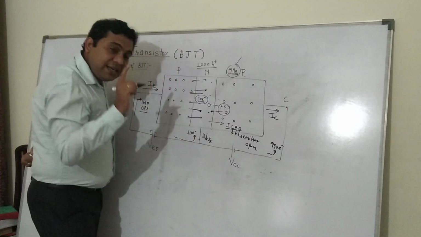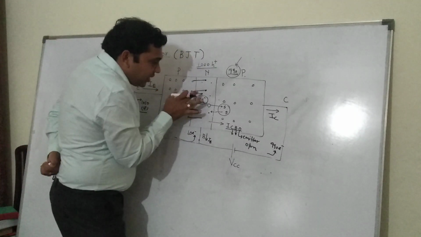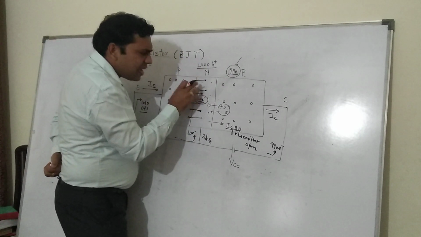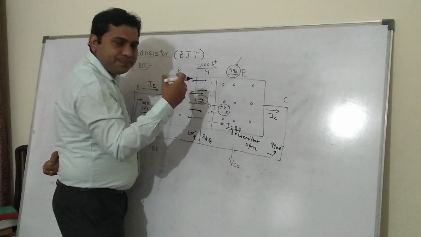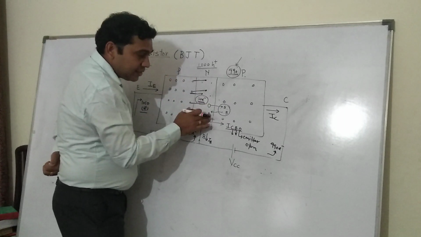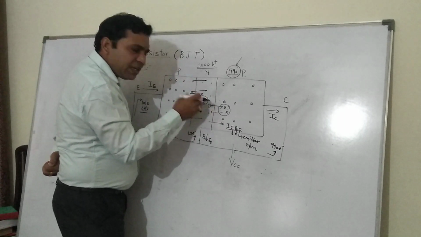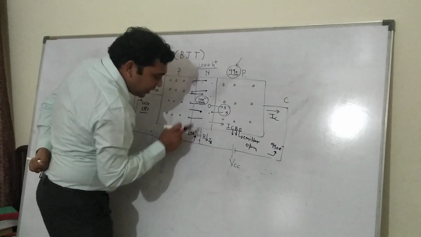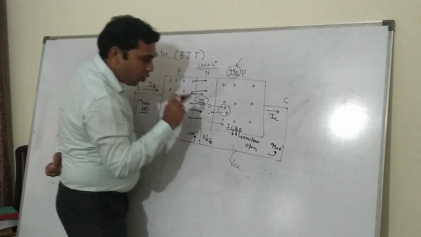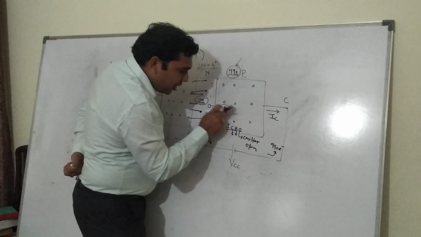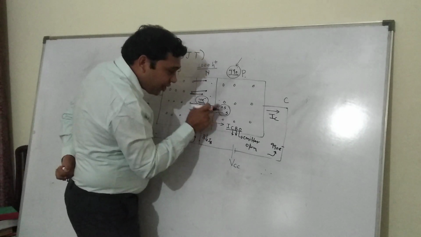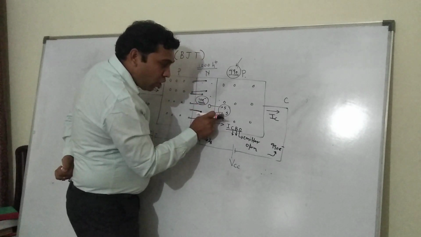So the base current is always because of the difference of these two phenomena. Always the earlier phenomenon has more possibilities than this, so this minus this gives you the base current. So the base current is because of the 10 electrons. Now these 5 holes are going here, so they are increasing 5 holes in the collector region, and 5 electrons have gone from the collector.